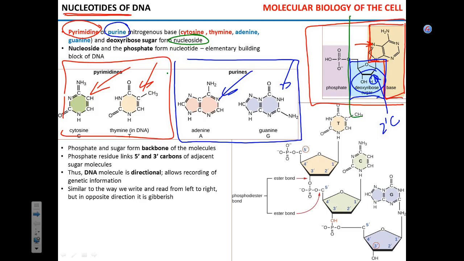So this part is the nucleoside. Just terminologically, nucleoside is the base plus sugar. When you throw in phosphate, okay? Nucleoside plus phosphate becomes a nucleotide. Now you may ask, wait a minute, why do we have so many different terms?